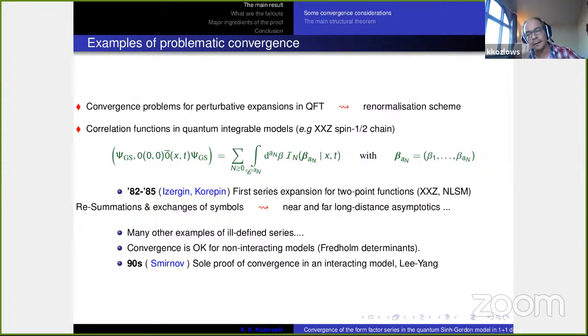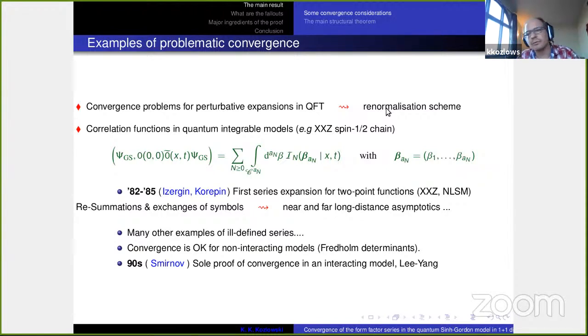So here I'm thinking about quantum integrable models, whose integrability is related to the presence of an underlying representation theory, a certain highly structured algebraic structure. Here I'd like to focus on one example, the XXZ spin 1/2 chain.